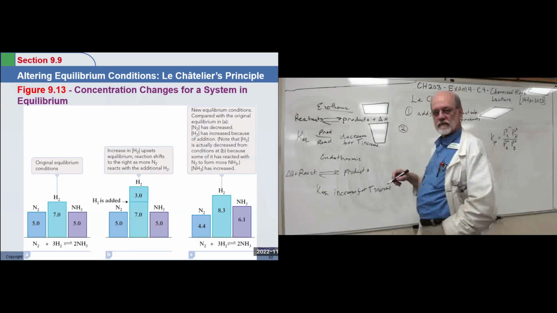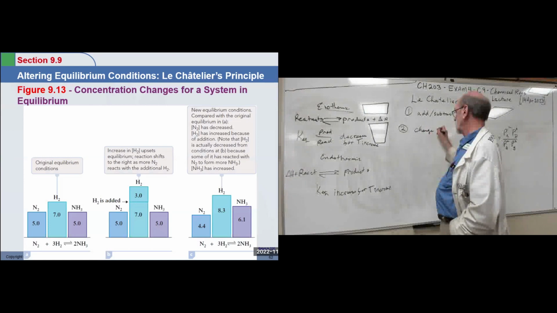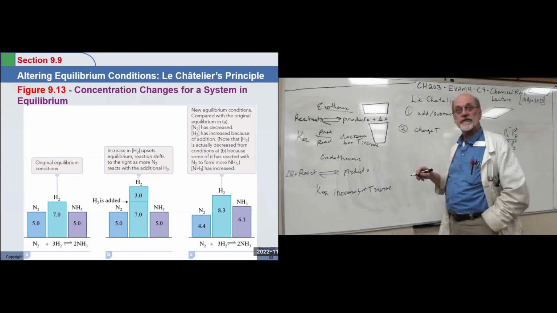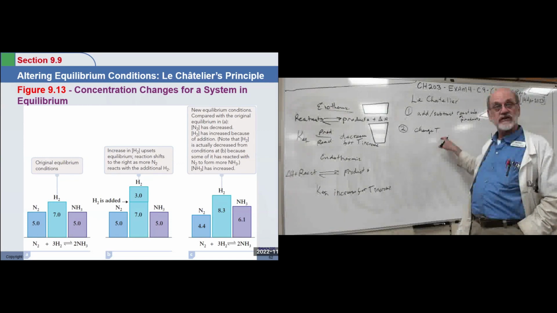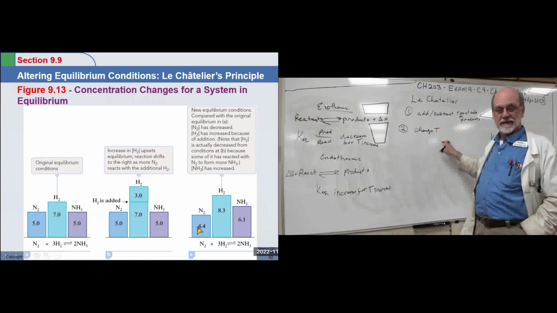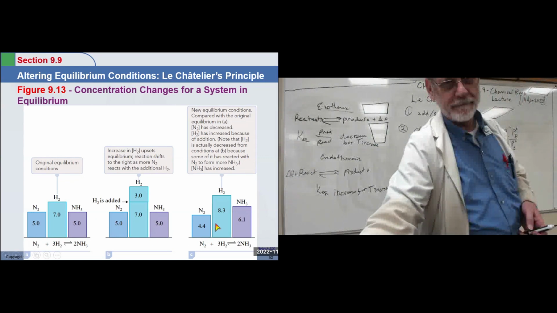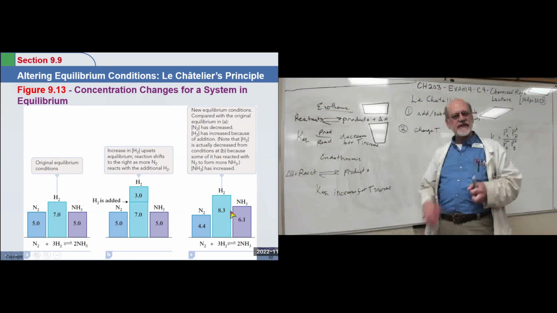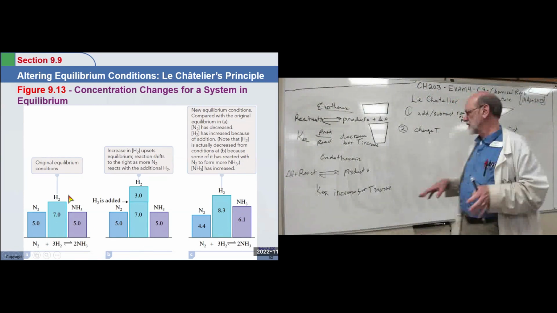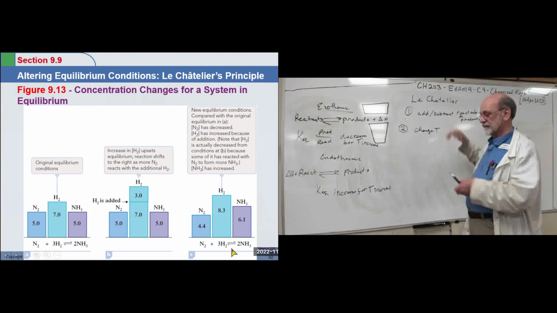Okay, what else can we do? We can change the temperature. You can change the temperature and shift the equilibrium. In this case, when you shift the equilibrium, you're actually changing the K value. Right? Concentration changes. This is the easiest one to understand, is the change in concentrations.